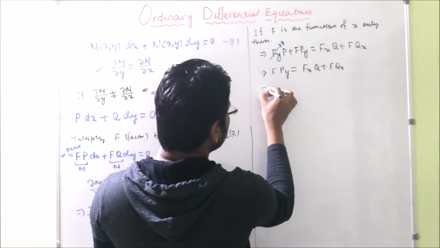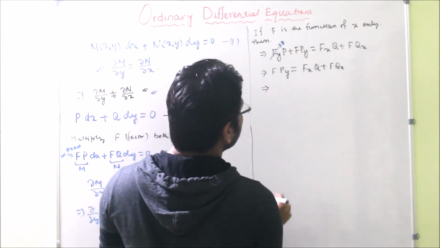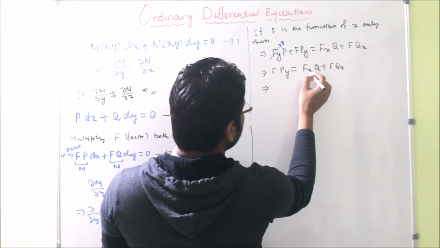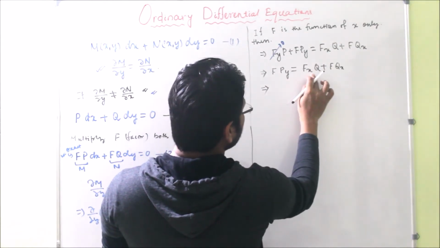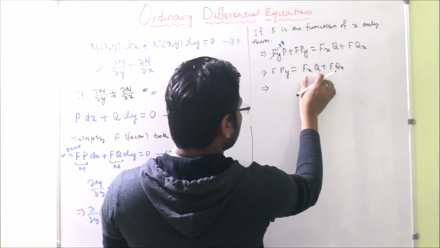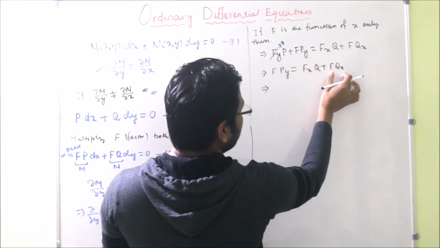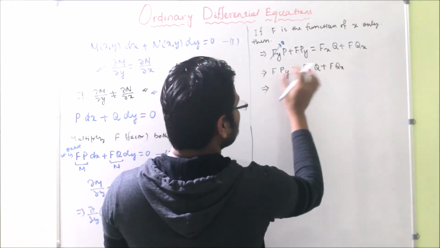Now we have to arrange all those things. So if we arrange, we will take f_x to the right only and the f Q_x will take to the left.